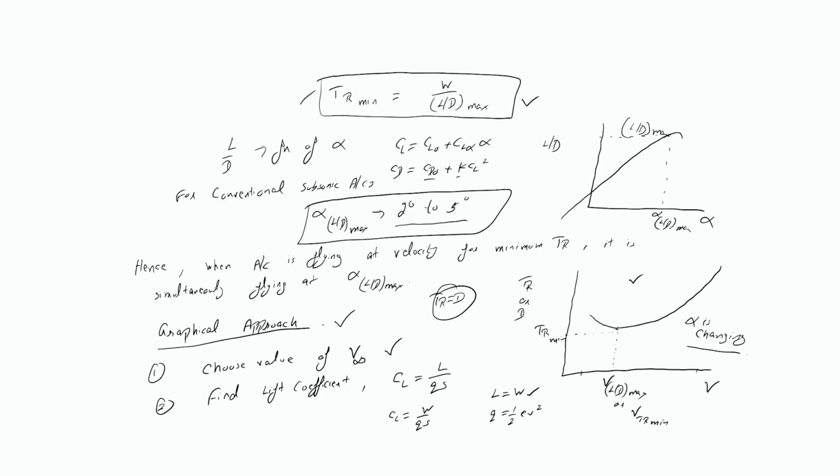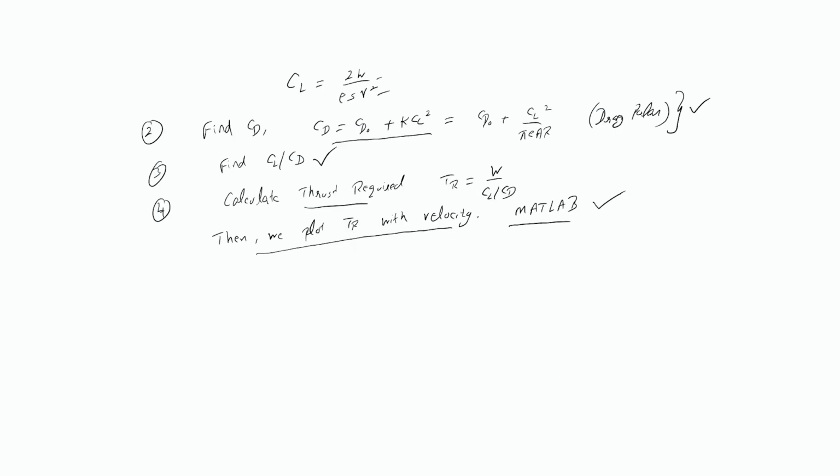And let me ask you the question over here: how is alpha actually varying in this curve? Think in this way, how is the angle of attack changing? Alright, so let me answer that question for you.